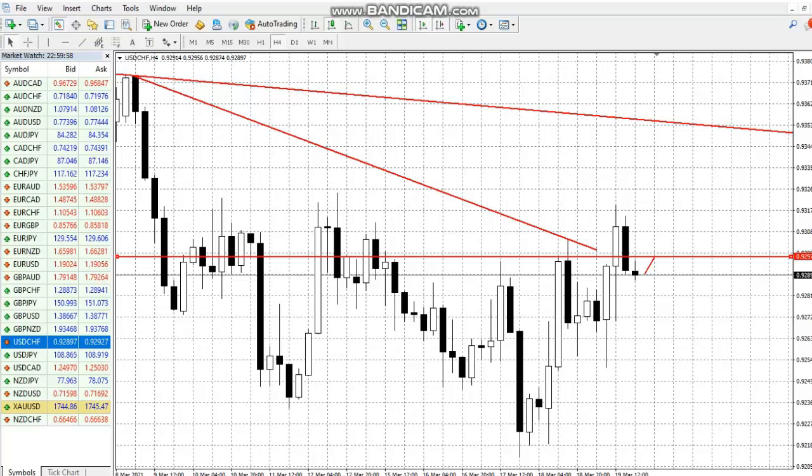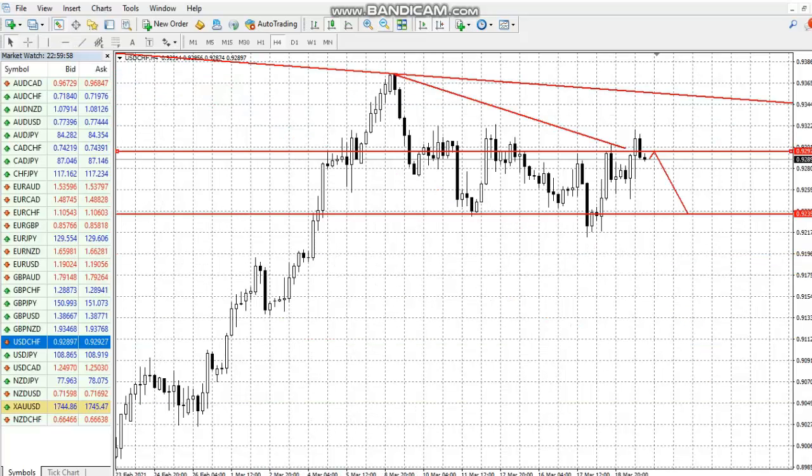Then before you look into milking the market, at least you can still make the market go down towards this region. So you can milk the market towards that region down there, while your stop loss can be around this area.